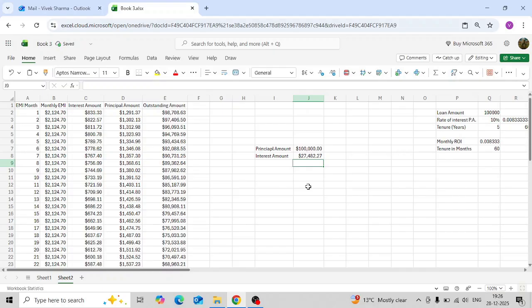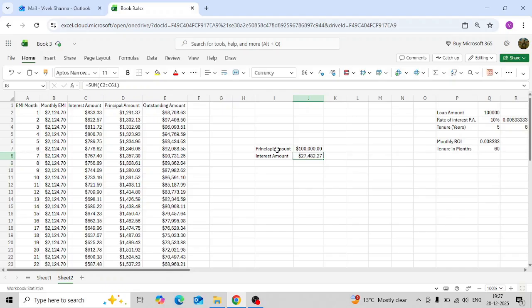So if we take a loan amount of 100,000 or 1 lakh, we will end up paying an interest amount of 27,482.27 during those 5 years.